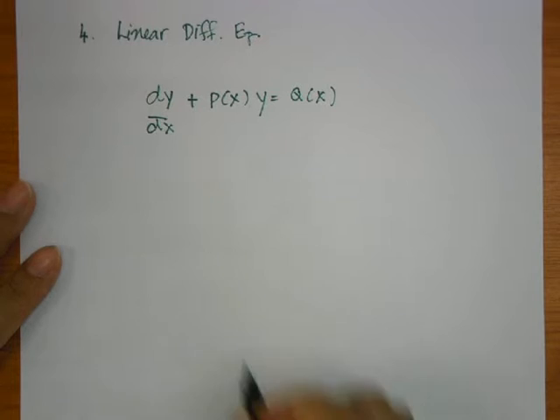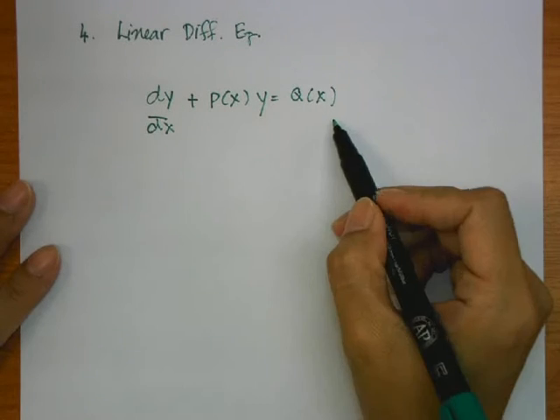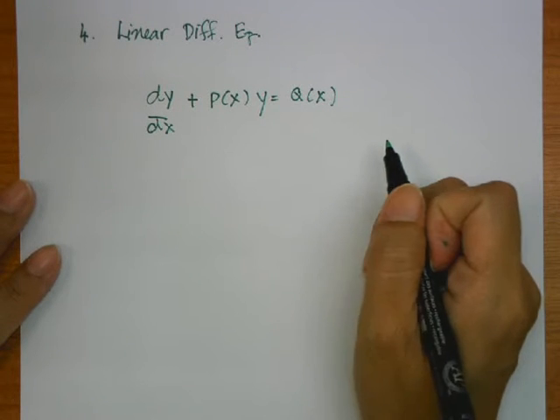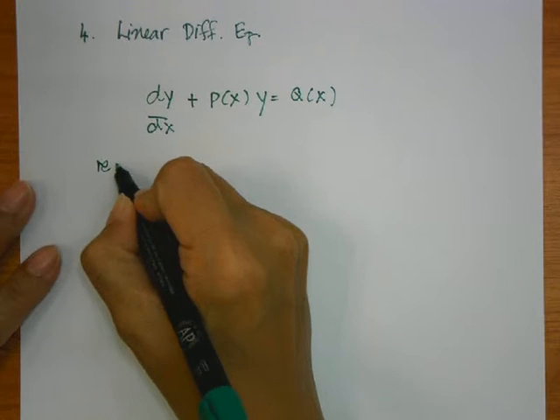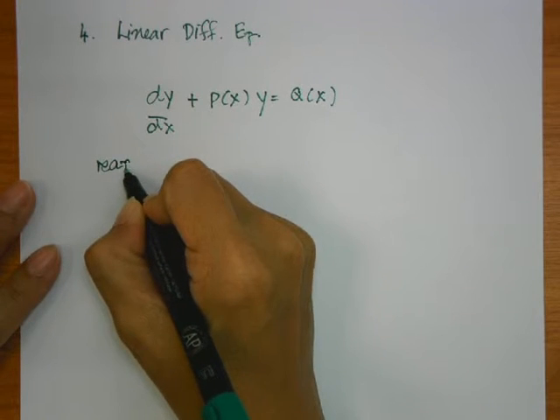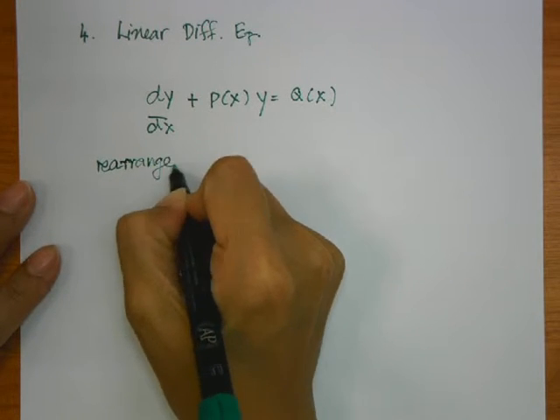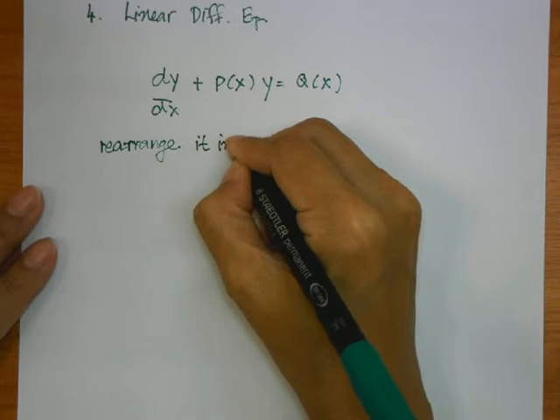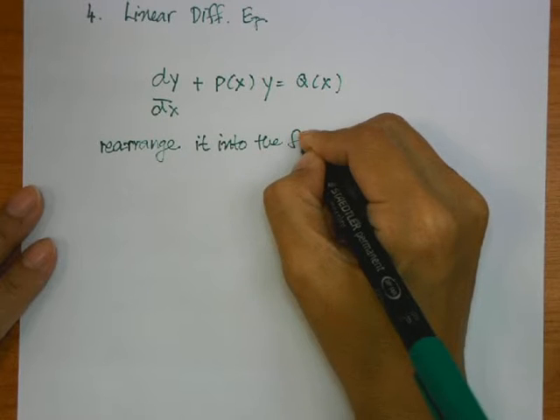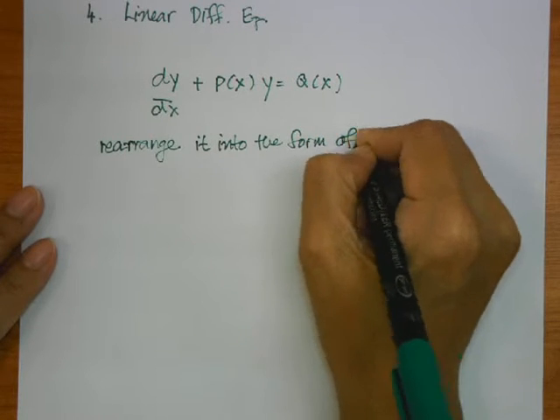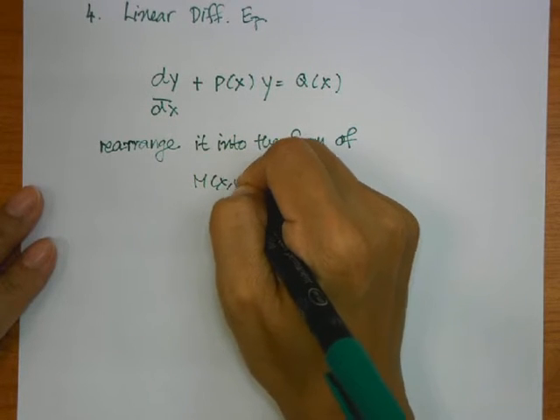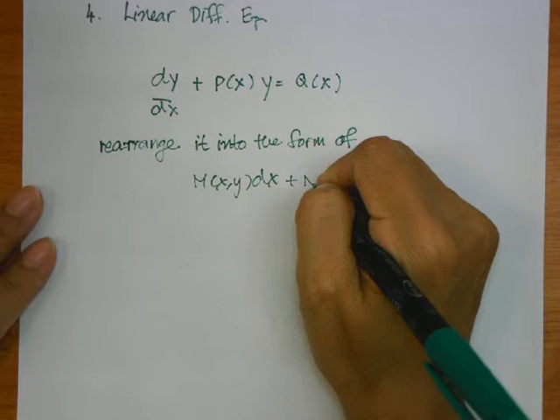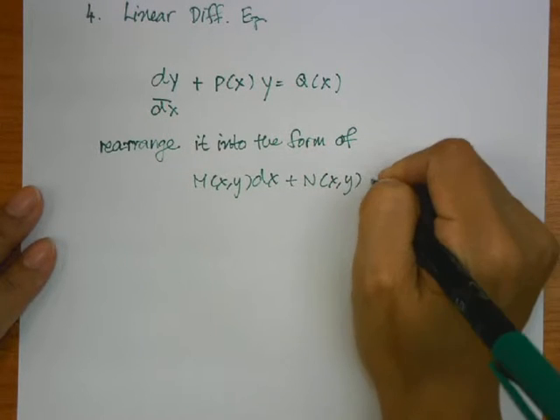So we have to arrange this differential equation, rearrange it into the form of M dx plus N dy equal to 0.